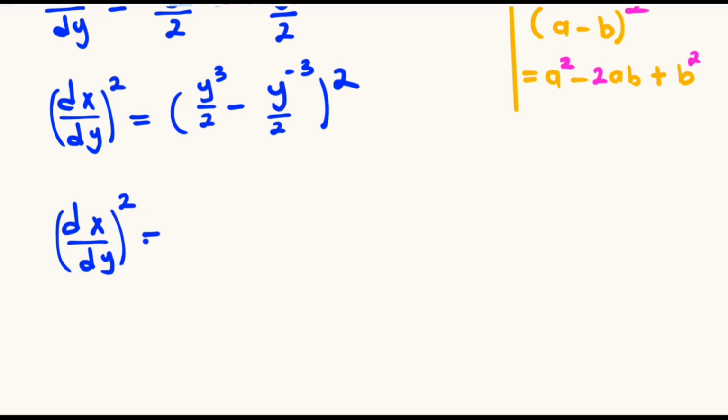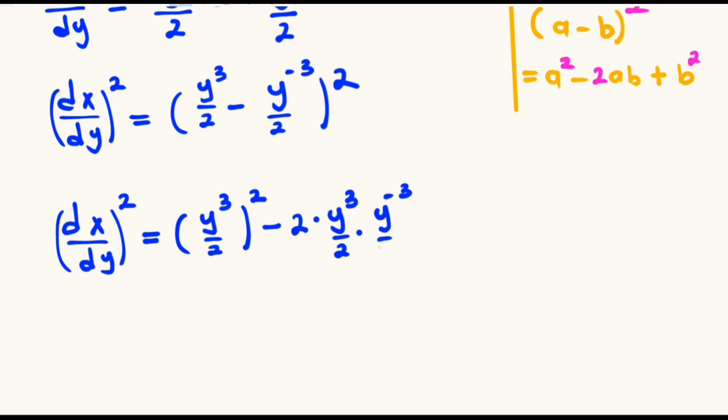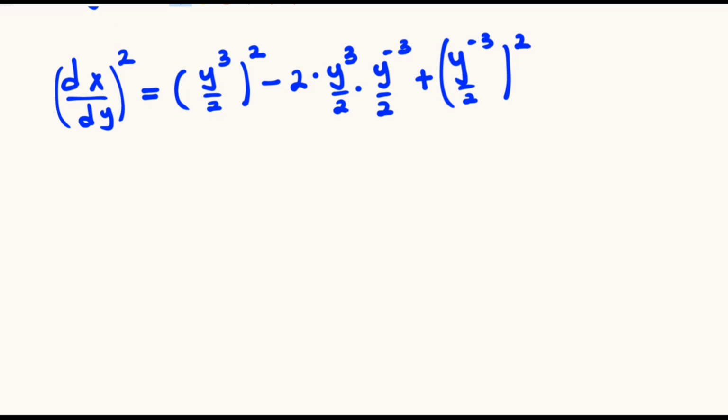squared will be equal to (y to the power 3 divided by 2) squared minus 2 multiplied by y to the power 3 divided by 2 multiplied also by y to the power negative 3 divided by 2 plus (y to the power negative 3 divided by 2) squared.